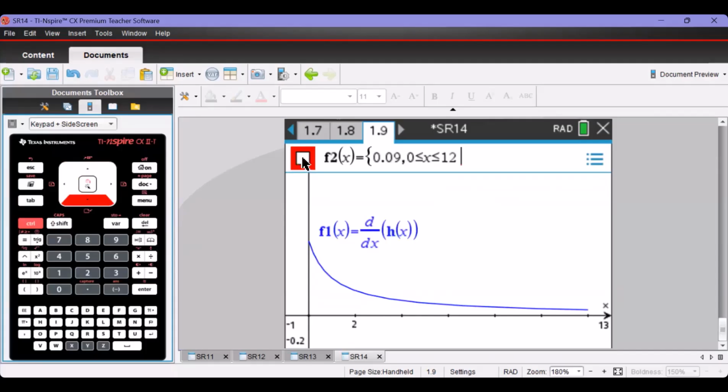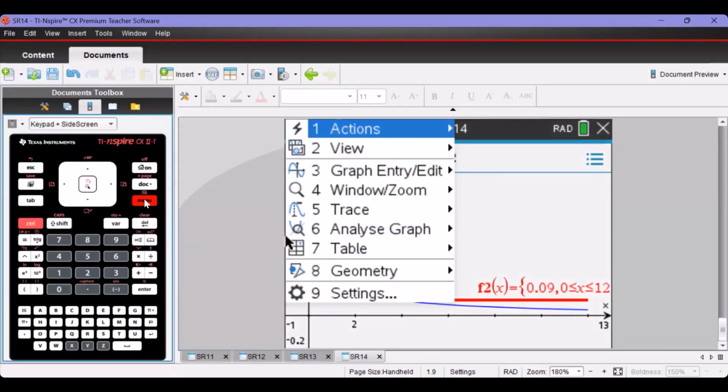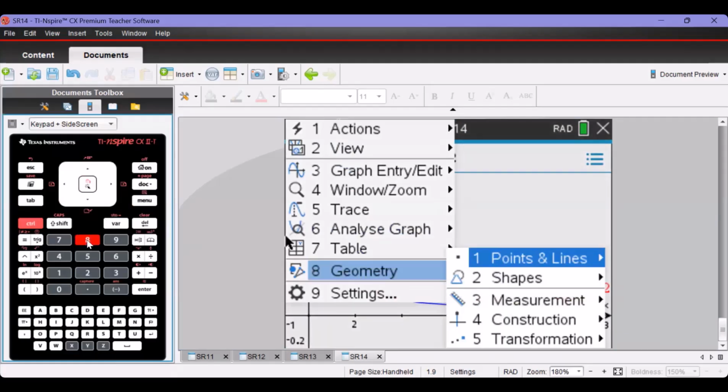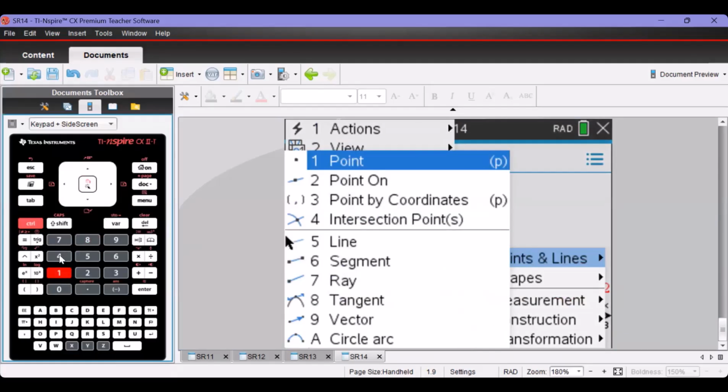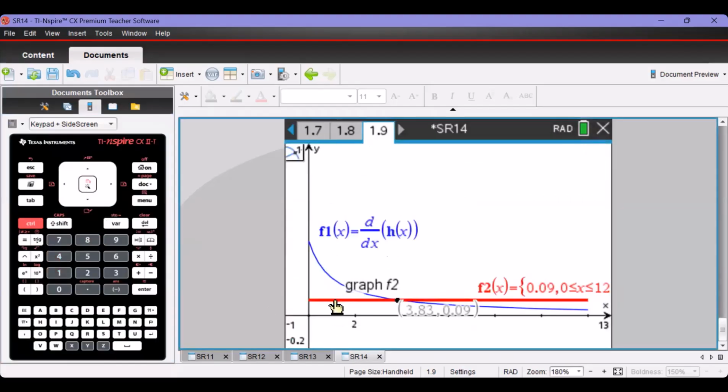And now to find the point of intersection, press menu and then 8 for geometry, 1 or enter for points and lines, 4 for intersection points, click on the first graph, click on the second graph, and that gives us our intersection point.